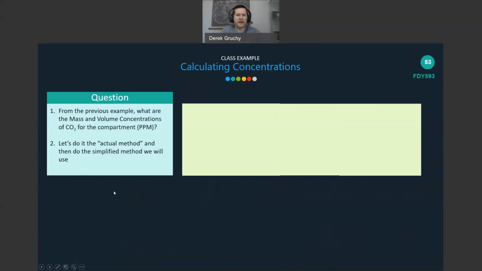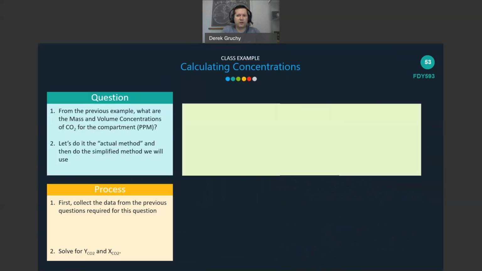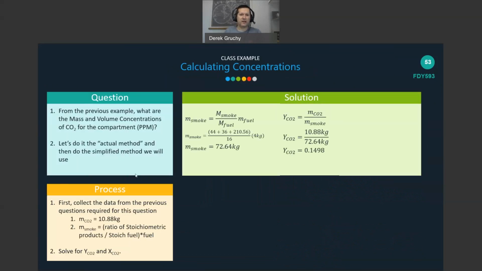So let's do that. So from the previous example, we're going to look at the actual method of what we should do. And so we have the mass of smoke. So we have to look up the mass of all the molecules that were produced, so the water plus the carbon dioxide plus the nitrogen, all the stuff that would have been in the smoke.